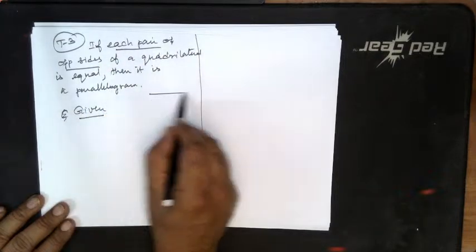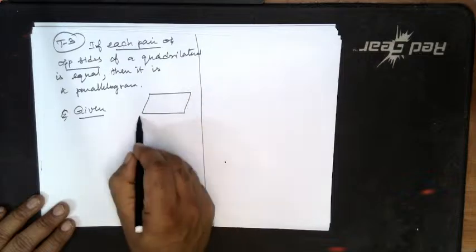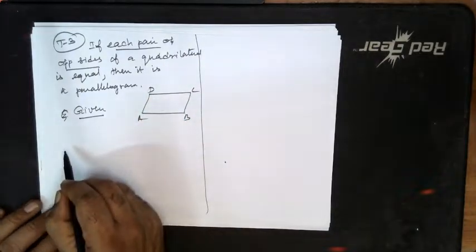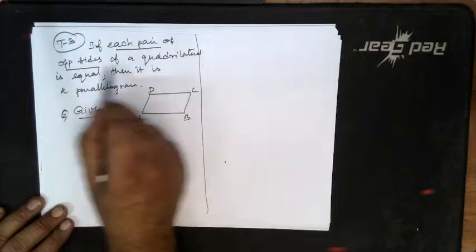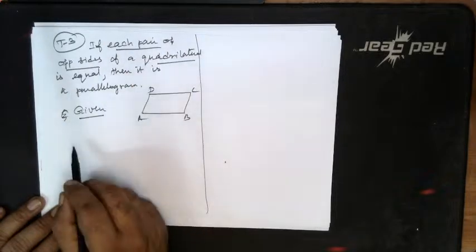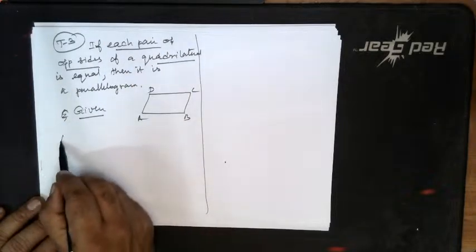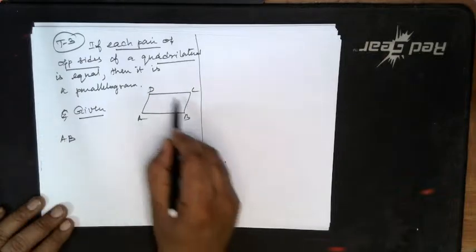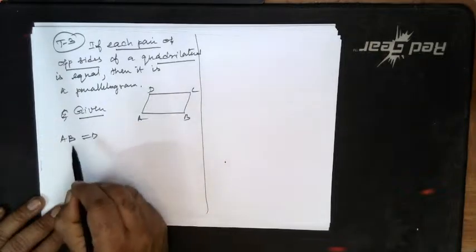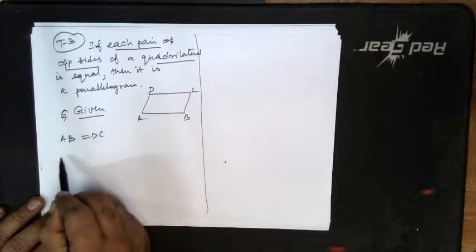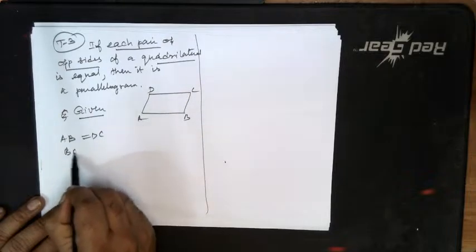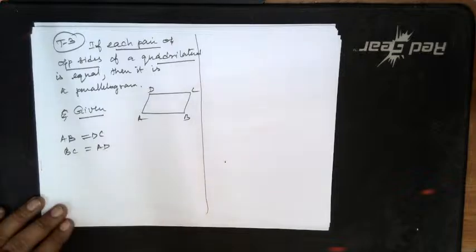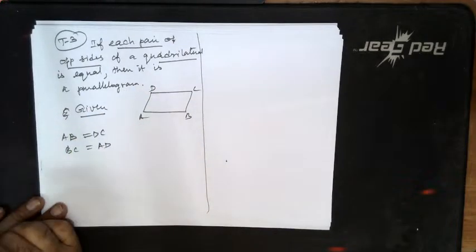So let us draw the parallelogram ABCD. Okay, each pair of opposite sides of a quadrilateral. So AB is equal to DC. Another pair, BC is equal to AD. Okay, so this has been given.